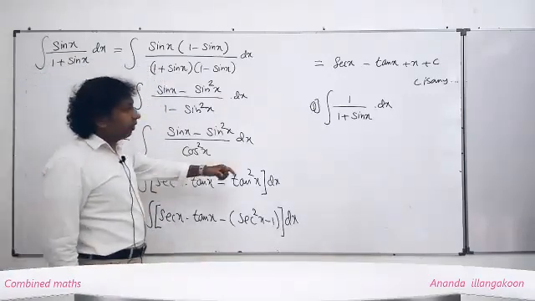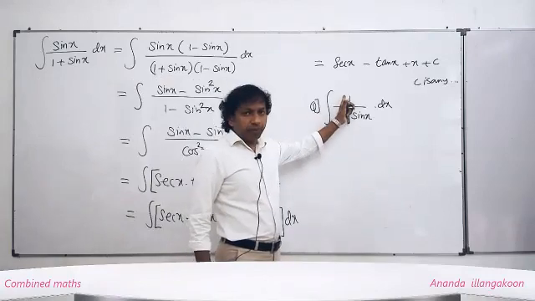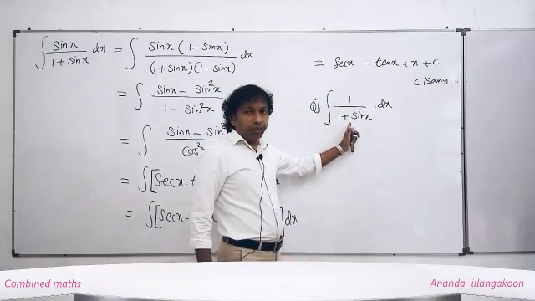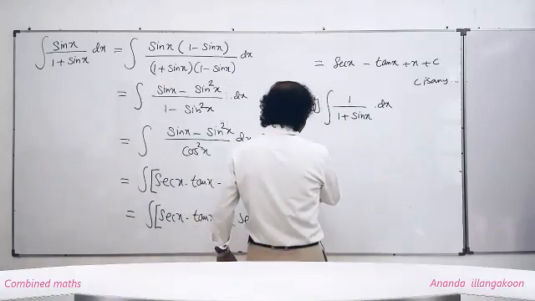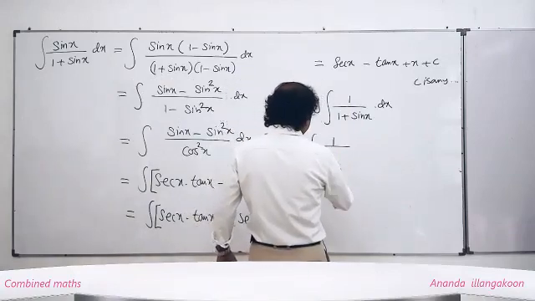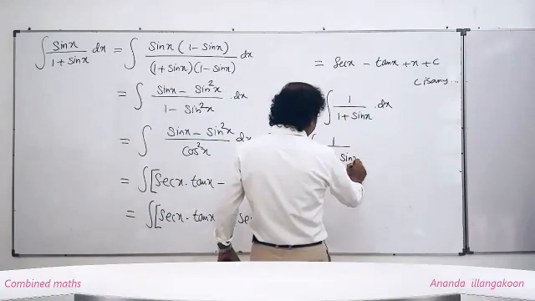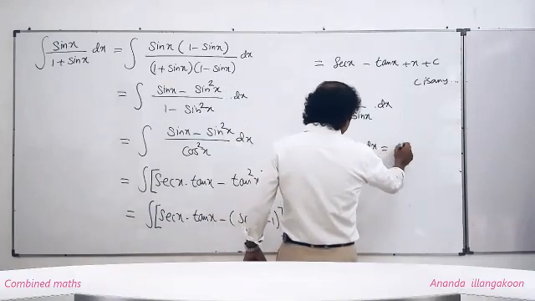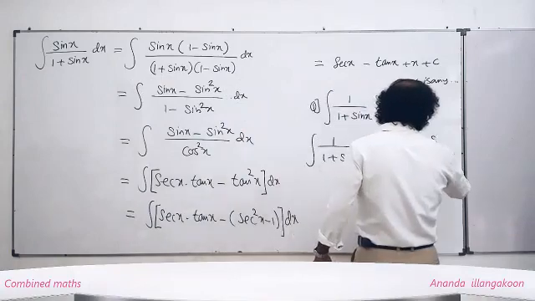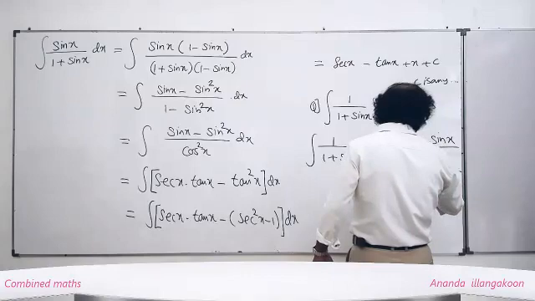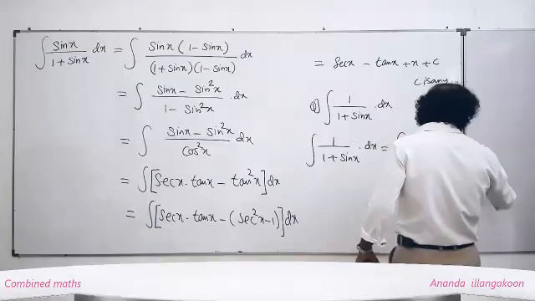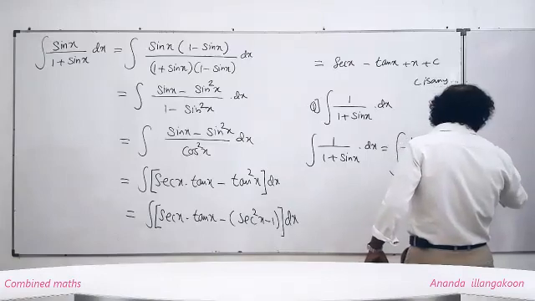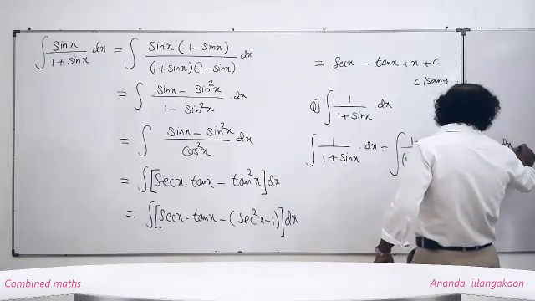Here also we multiply both numerator and denominator by the conjugate of the denominator, like this. 1 minus sin x divided by 1 plus sin x into 1 minus sin x dx.